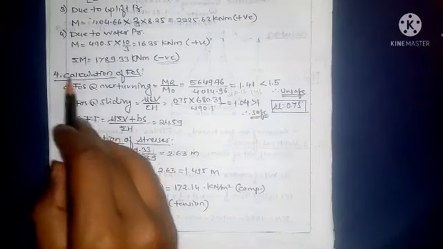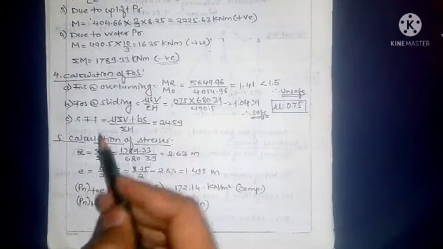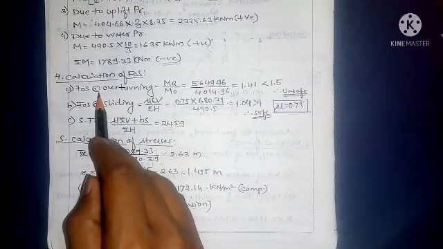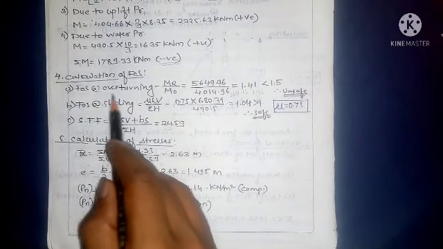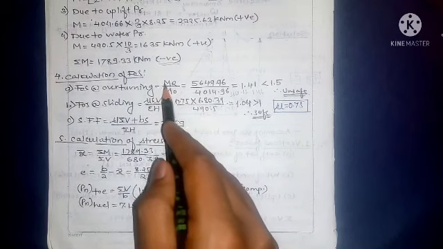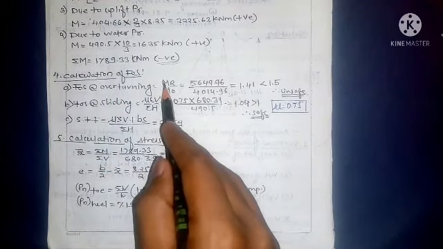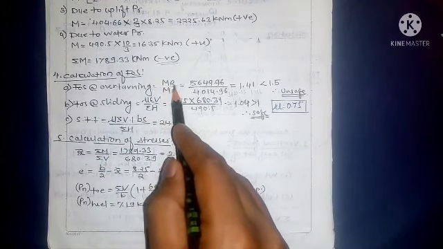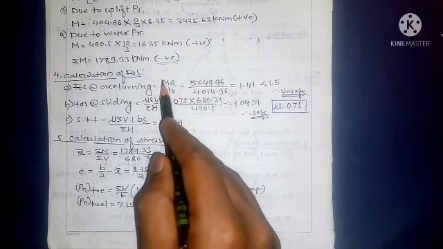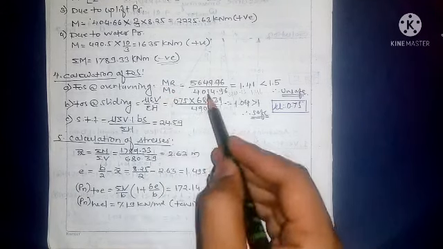So step 4, calculation of factor of safety. Factor of safety against overturning is equal to, we know the formula, that is resisting moment upon overturning moment, that is MR upon MO.